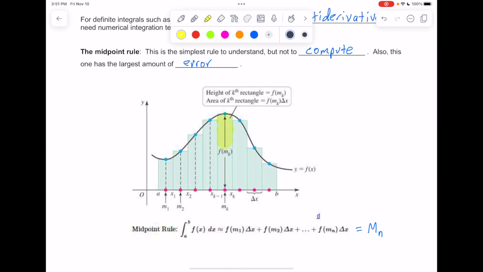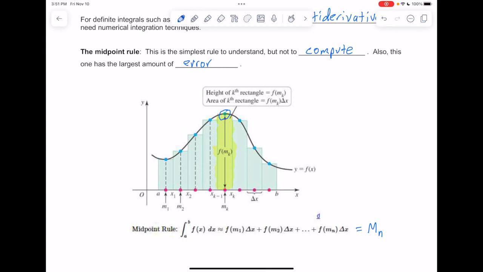So if we take this interval with this rectangle, we would find the area of that rectangle by doing base times height, where the base is the distance across the bottom, which would be delta x, and the height we're going to compute at the midpoint. So we'd find the midpoint between its two boundaries, find the height of the function right there, which is represented by this little dot up here, and take that height times delta x, and we'd have that rectangle.